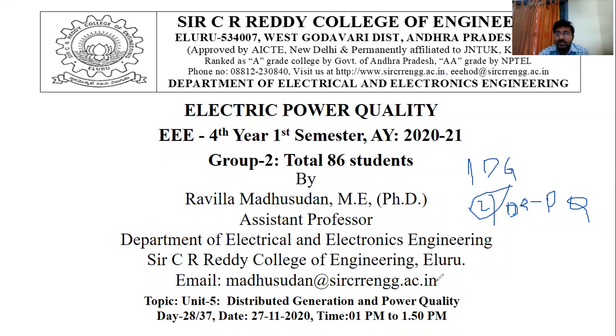So what are the conflicts, and what are the power quality issues it will solve? Our concern is how these DGs will help to solve the power quality issues that arise in the power system. Okay, so now we are going to see.